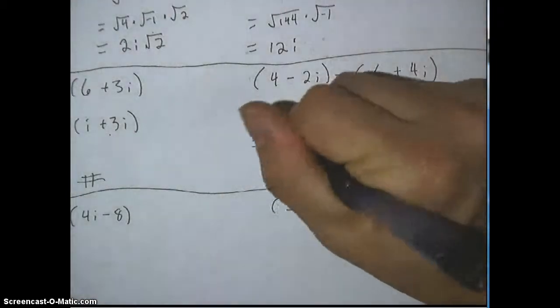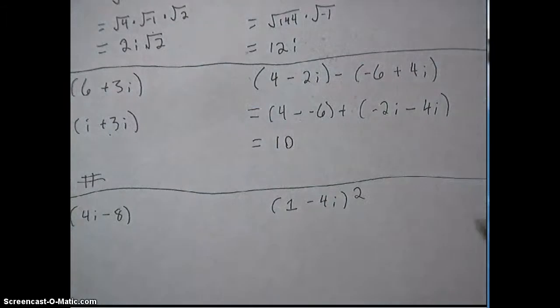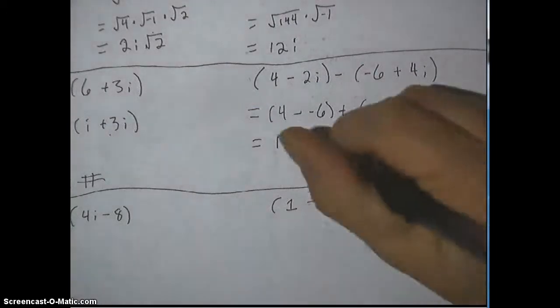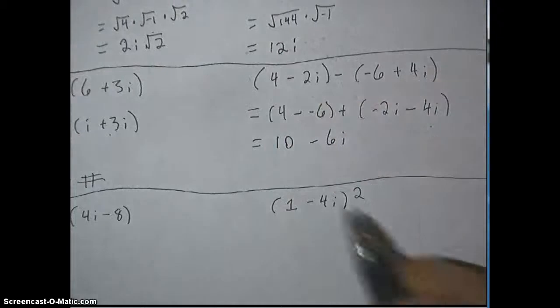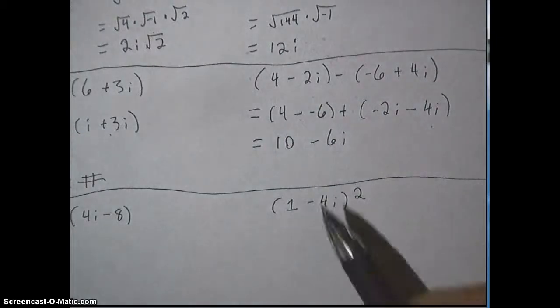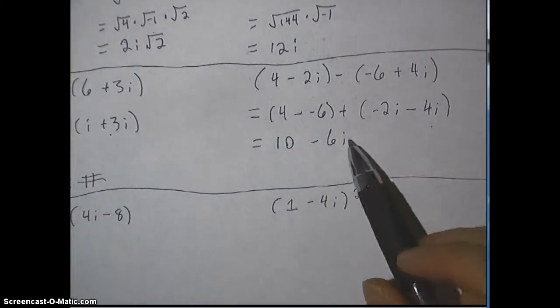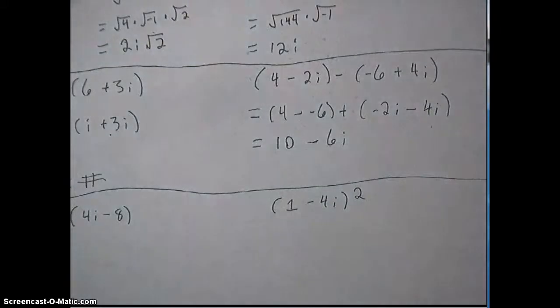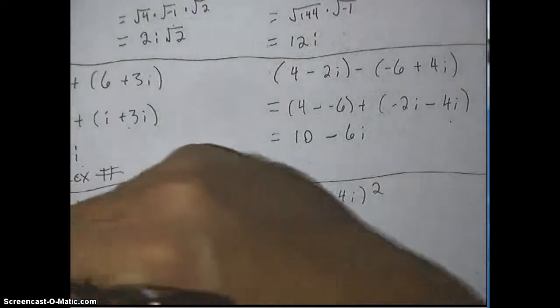That's going to equal 10. That's my real number. And then I've got -2i minus 4i. That's -6i. So that's my complex number because it has a real component and an imaginary component. 10 minus 6i. Okay, well, that's addition and subtraction.